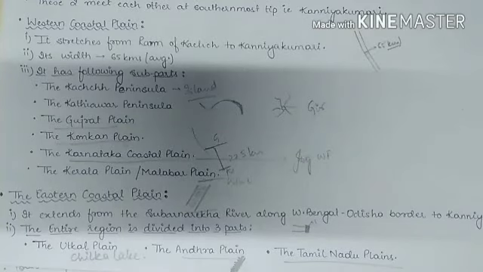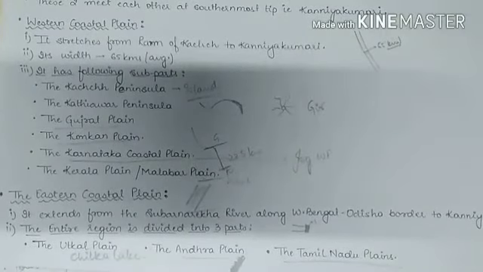Okay. Lastly, we have Tamil Nadu plain, which stretches for 675 kilometers from Pulikat Lake to Kanyakumari along the coast of Tamil Nadu, and the average width is about 100 kilometers. The most important feature of this plain is Kaveri Delta.